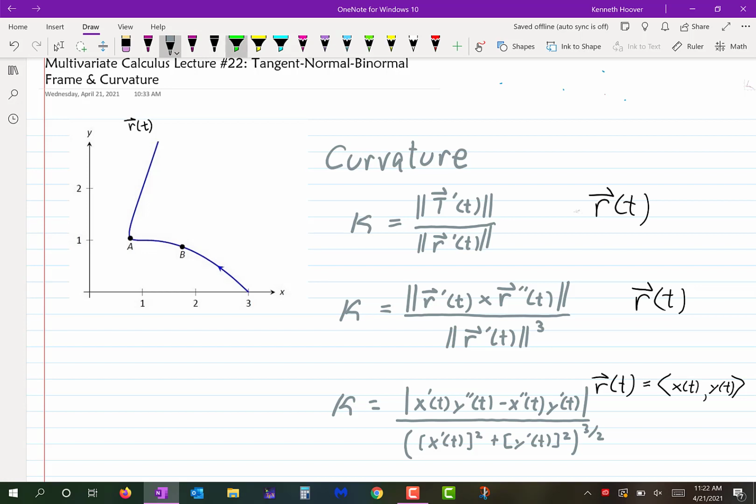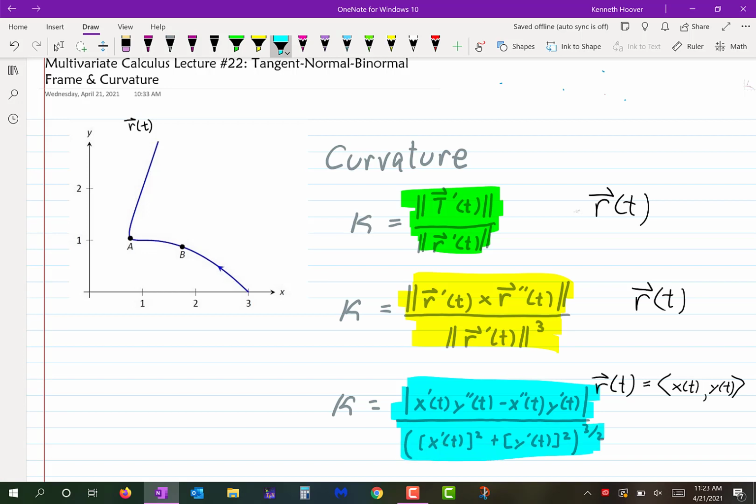It's not obvious, but what I'm saying is that that formula and this formula and this formula, they'll all give you the same answer. It's not obvious that they're all the same, but I'm just telling you that they are, okay? We're not going to go through the proof of that. So you could use any one of those three formulas to calculate curvature, whichever one is easier for you.